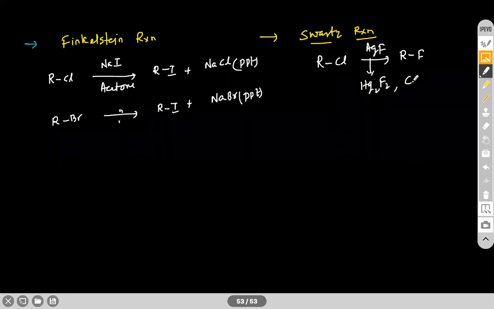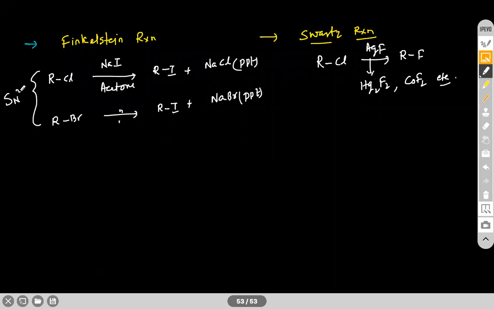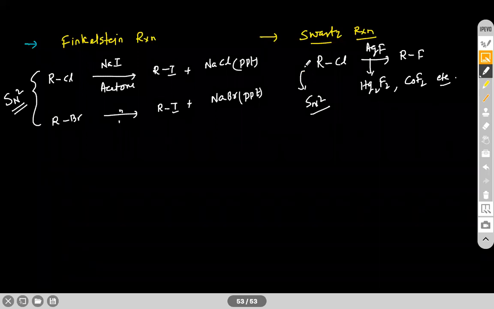We can also use CoF2, etc. Okay, all these reactions follow the SN2 mechanism. This is also an SN2 mechanism. Okay. Understood?